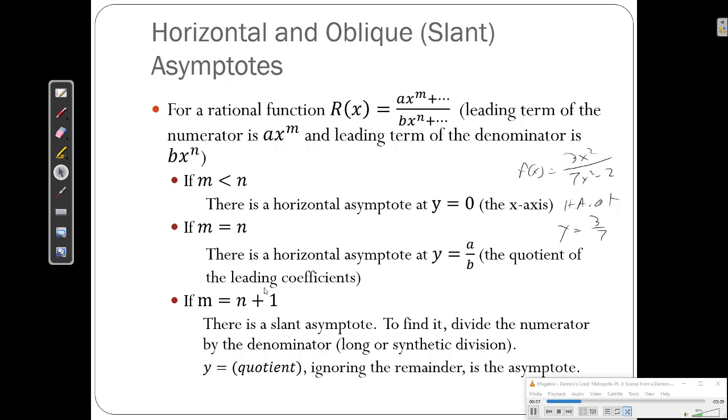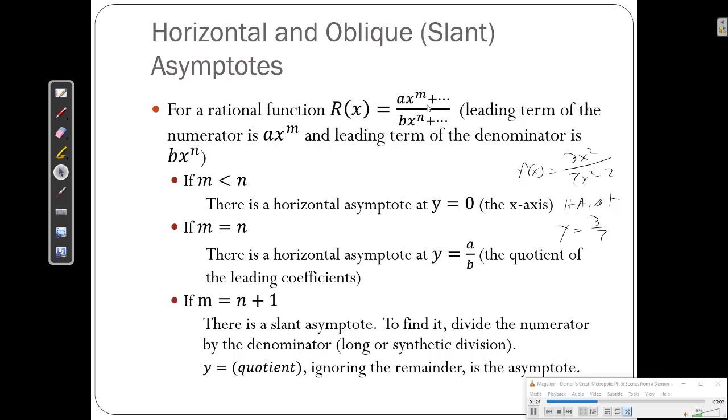You might expect the last case to be m greater than n. Well, it is, but it's more specific than that. If the top degree is 1 more than the bottom degree, it's a slanted asymptote. To actually find the formula of it, it's going to be y equals mx plus b, because that's what the equation of a line looks like. To find it, you divide the numerator by the denominator.